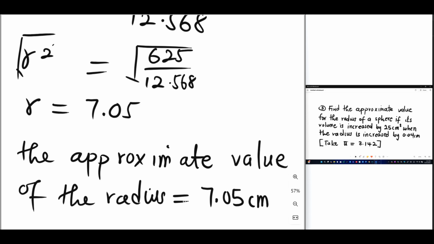7.05 centimeters. I think in the first two videos I omitted the unit. You need to bring the unit anytime, unless the question is on percentage increase or percentage decrease; there you just bring your percent sign.